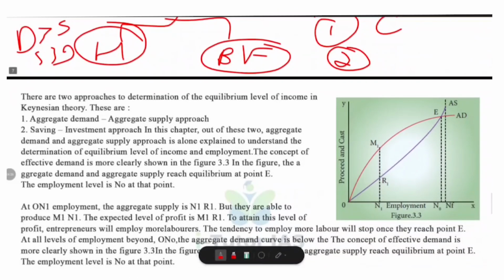In Keynesian theory, there are two approaches to determine the equilibrium level of income and employment. What are those approaches? The aggregate demand, aggregate supply approach, and also the saving investment approach. In this chapter, we focus on the ADAS approach to understand how equilibrium income and employment are determined.